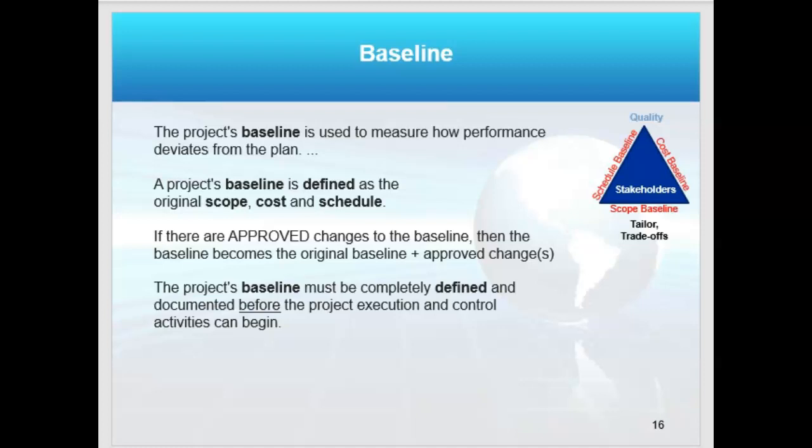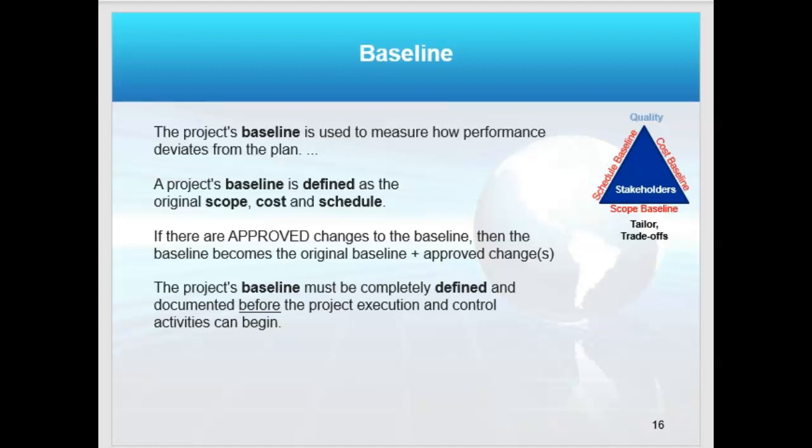So the baselines that we've already mentioned, there are three: schedule baseline, cost baseline, scope baseline. Those are individual baselines. Considered collectively, we call that the PMB, the performance measurement baseline. And so your job in planning is to define these baselines and get them signed off.